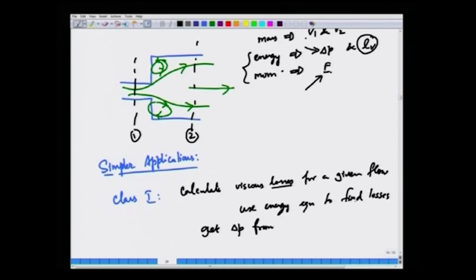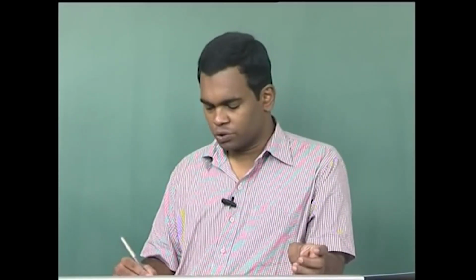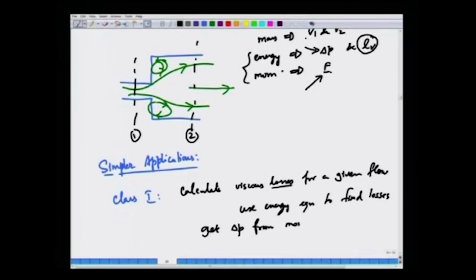The momentum equation relates the pressure drop to the forces. So, if you want to get the pressure drop from the momentum balance, we need to know the forces acting on the CV.